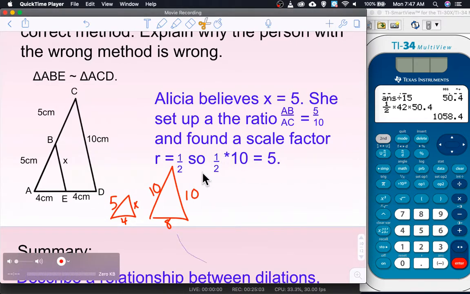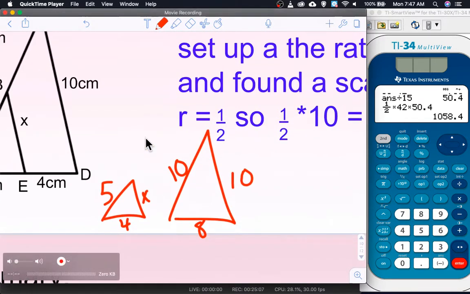And we can see that by looking at this picture, that this 5 is half of 10. 4 is half of 8. This triangle here is half of this triangle here. Okay, so scale factor of 1/2 does work. And then by taking 10, multiplying by 1/2, you would get 5.